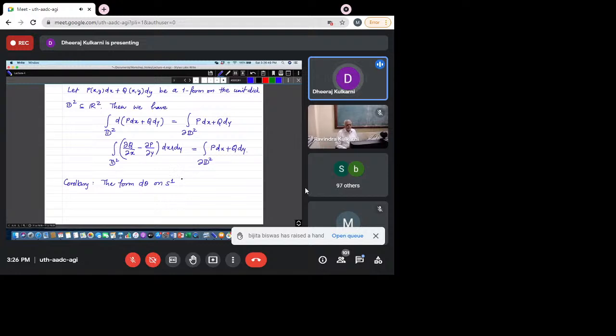Think of S1 as the unit circle in R2, and you have this one form d theta coming out of the polar coordinate system. So d theta on S1 cannot be exact.